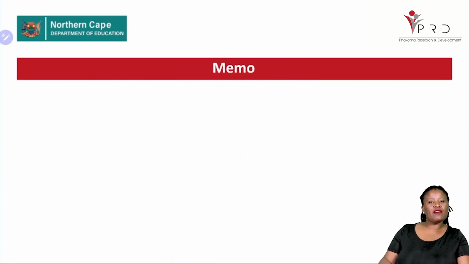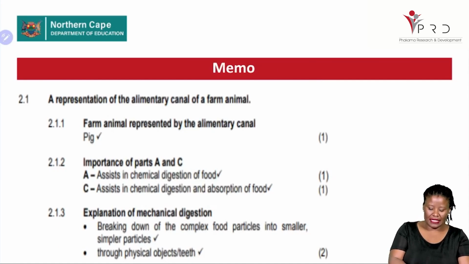How does this mechanical digestion take place in this animal? What is the name of this animal? The name of the animal is a pig. Why are you saying it's a pig? It's because it has one stomach without compartments, and it's not the same as in a chicken. What is the important role of part A? Part A was directed to the stomach of a pig.